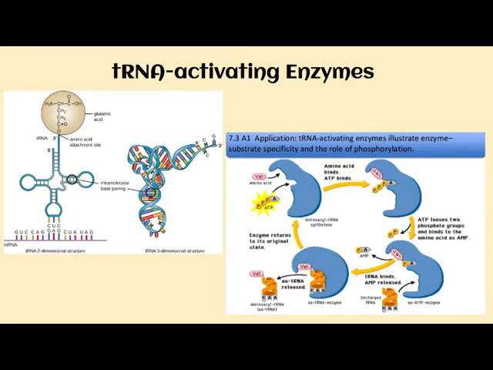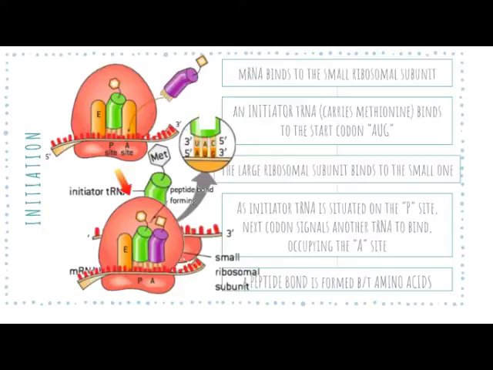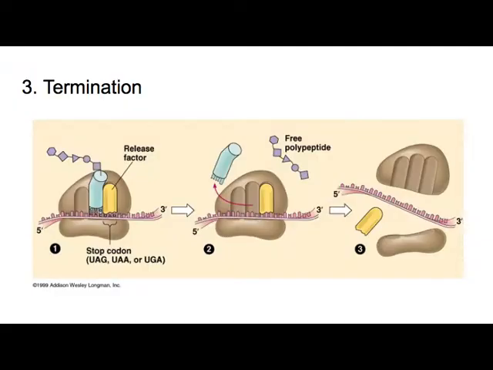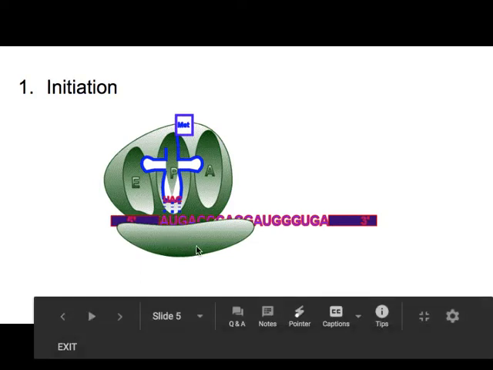Okay? Now, stages of translation. Does this sound familiar? Initiation, elongation, and termination. Similar to transcription. For transcription initiation, you look for the promoter region. For translation, this is what initiation looks like. The small ribosomal subunit first binds. Just the small.